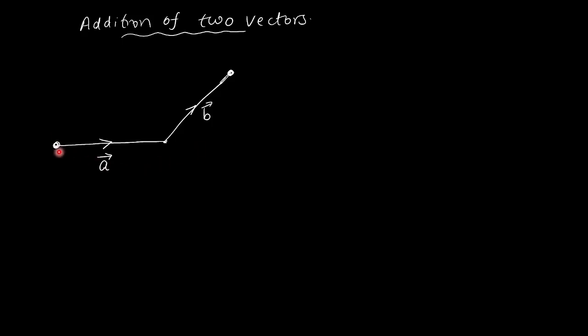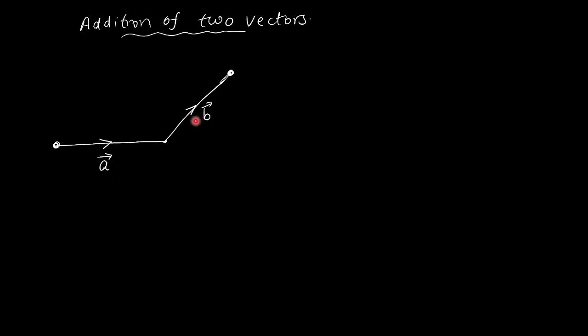This is my initial position. Initially, I got a displacement A in some particular direction, for example, east direction. And after that, I got another displacement, maybe 30 degree with the east direction. I got another displacement.